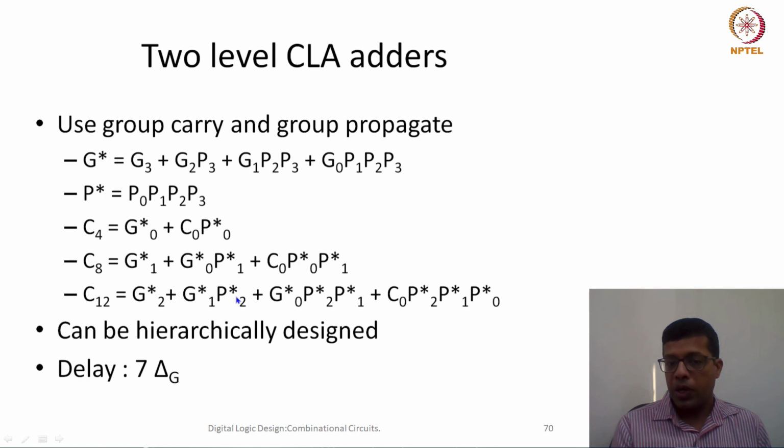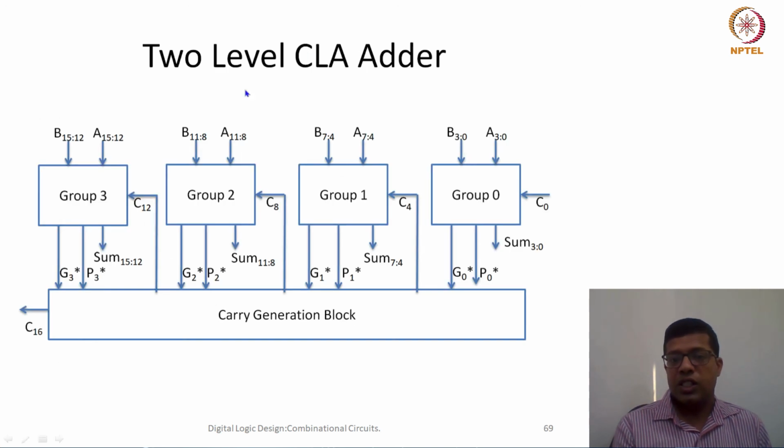Similarly, C12 is 1 if it is generated in the second block, or generated in the first block and propagated through the second block, or generated in the zeroth block and propagated through first block and second block, or there was a carry in and it is propagated through group 0, group 1 as well as group 2. Okay, so let's look at this diagram again.